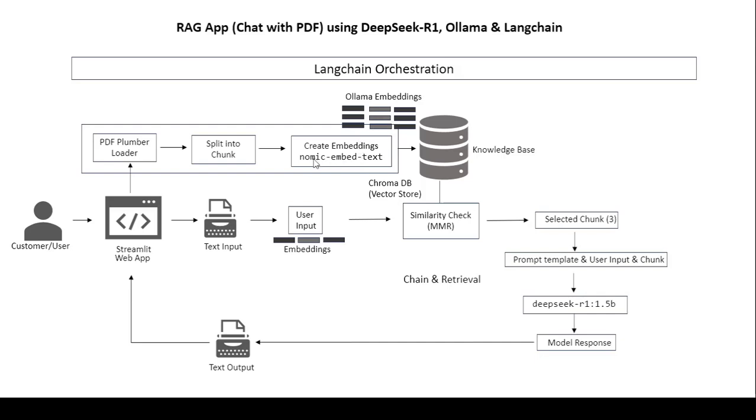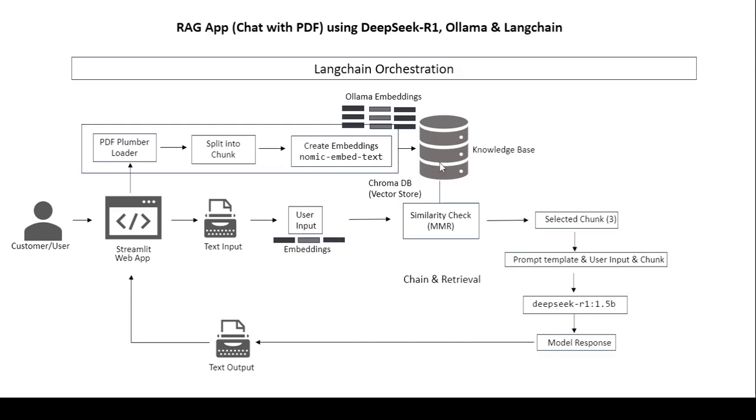Here we are using Ollama embedding and the model name is nomic-embed-text. You can actually use other embedding models as well, maybe from Hugging Face or some other source. Feel free to experiment. Once the knowledge base is created, it will be available for query or retrieval.